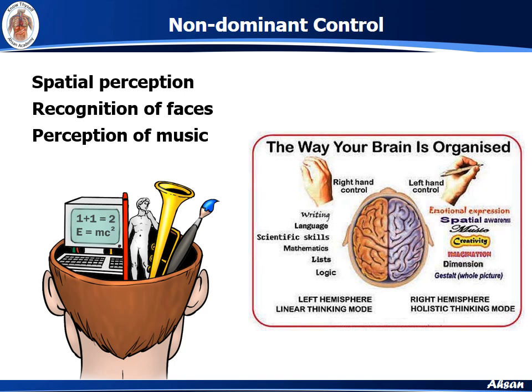So the thinking or performing ability of the left side is very linear, and the right side is more holistic. Many a time the right side will suggest the left side to perform in a different way. So the human being has reasoning capability to improve the feelings and doing something.